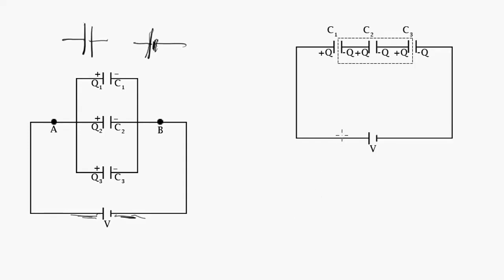So over here we see the next capacitors connected in series. We have C1, we have C2, we have C3. Now you notice that here we have a supply of positive charge to the left hand plate of C1, and over here we have a supply of negative charge to the right hand plate of C3.